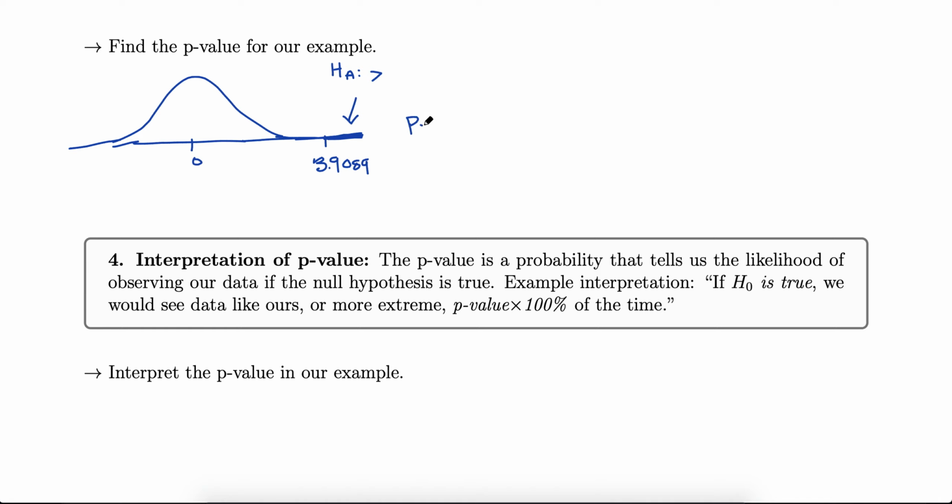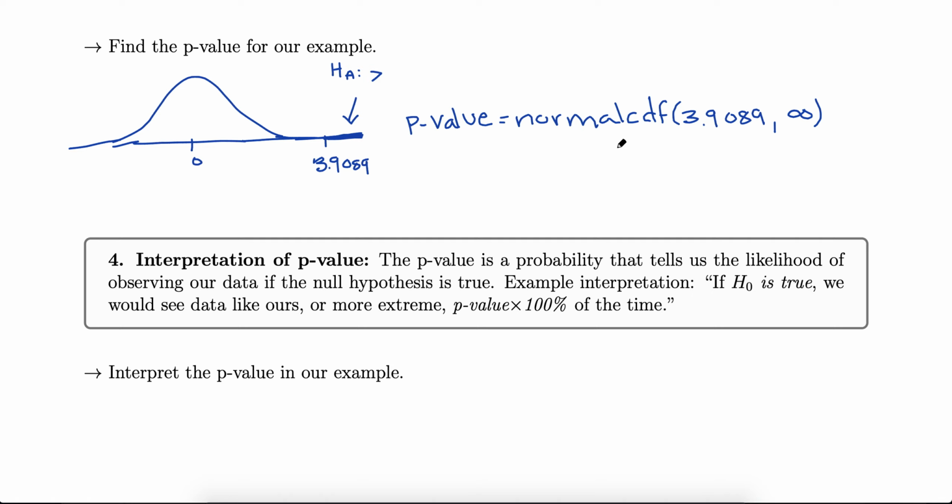So let's do it. Our p-value is going to be our normal CDF. We're going to go from our test statistic, that 3.9089, out to infinity. Again, because HA is greater than, I'm shading above my test statistic.